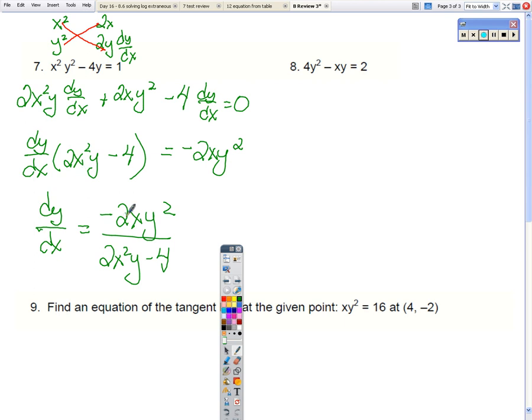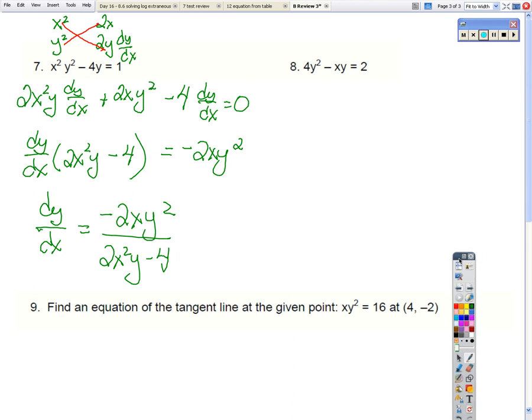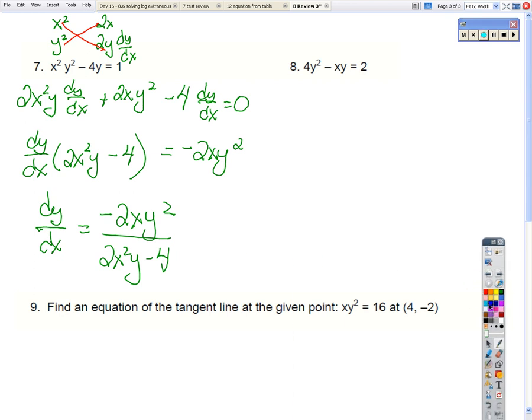Now I notice that the top has a 2, and down here on the bottom I can actually factor out a 2 as well. So I'm going to rewrite my numerator. But on the bottom, if I factor out a 2, I can then cancel this 2 with this 2 and reduce my fraction so that I get negative xy squared over x squared y minus 2.